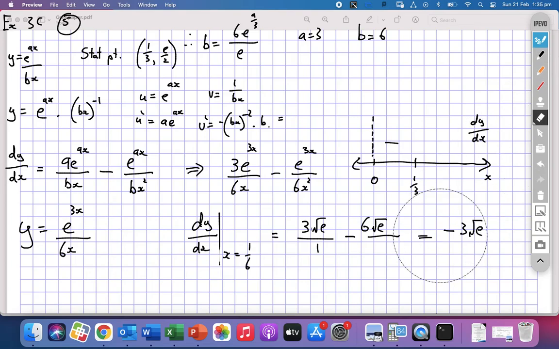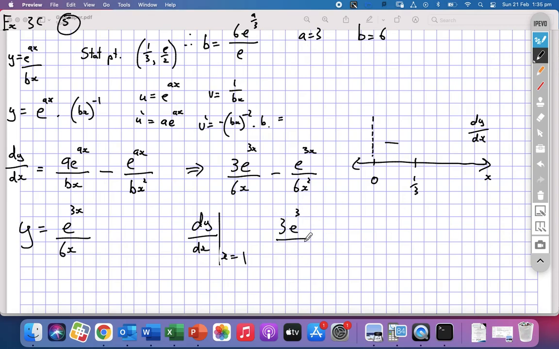Okay, testing out here, hopefully it's a little bit easier. Let's test at x equals 1. We'd have 3 e to the 3 on 6, that's a half, and it's a positive number, minus e cubed on 1 on 6.